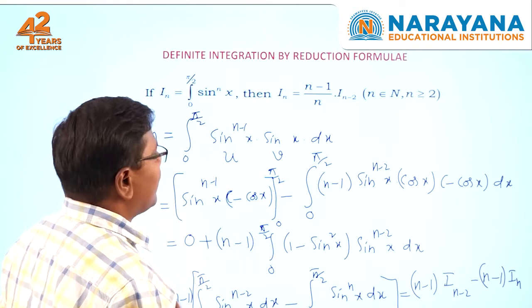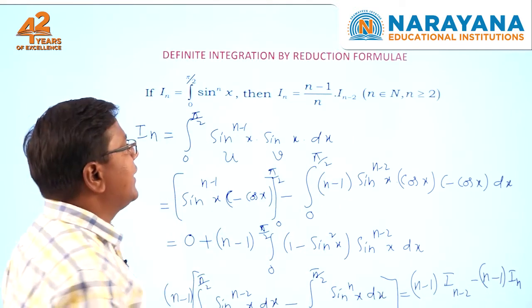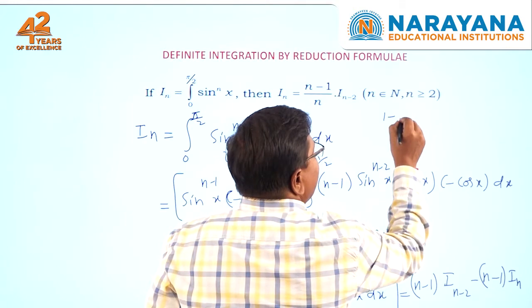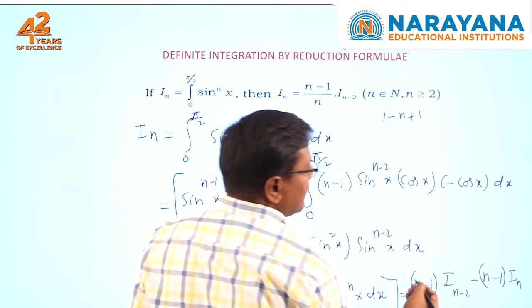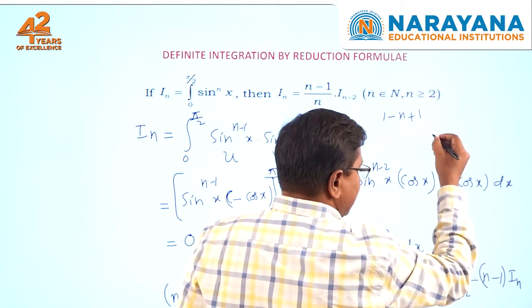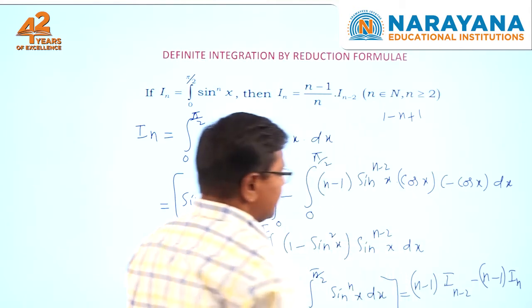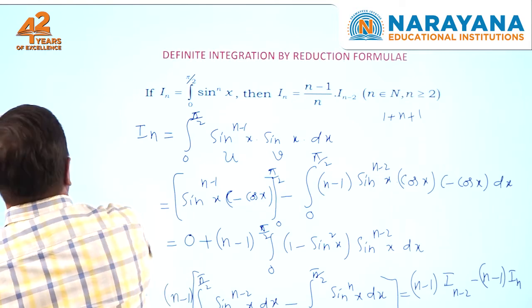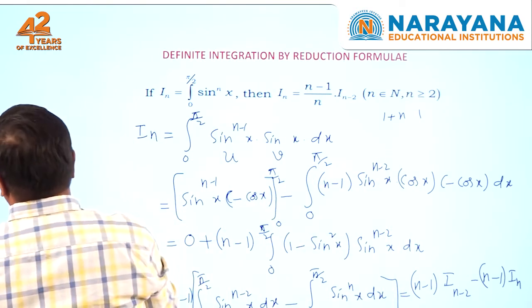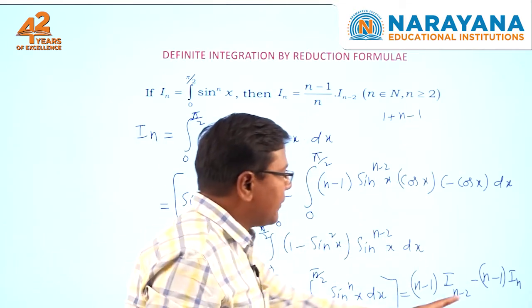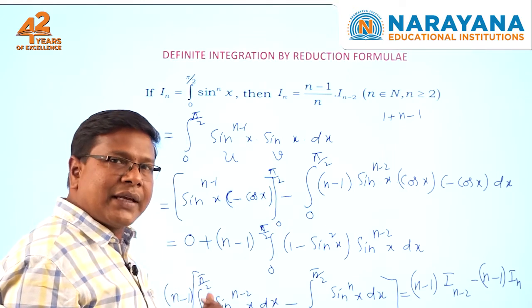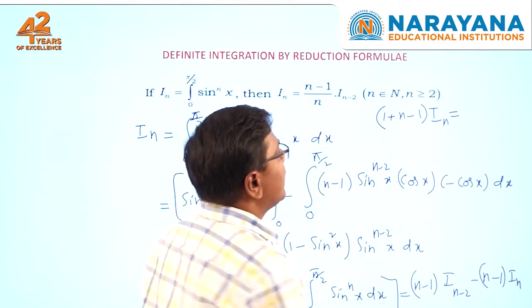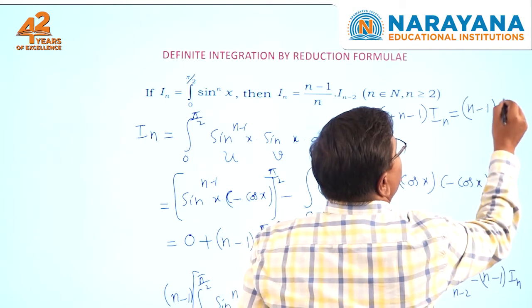Now, further simplify. Take the I n term to the left hand side and take I n as common, we are left with 1 plus n minus 1, because the minus sign goes to the left hand side, so plus n minus 1 into I n is equal to n minus 1 into I n minus 2.